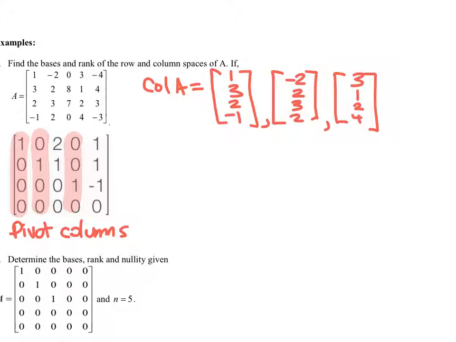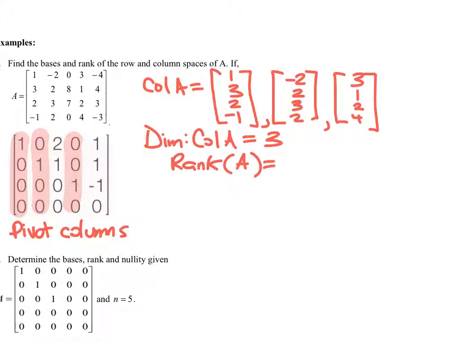All right, so the dimension of the column space of A is 3, so that makes the rank of matrix A equal to 3. All right, so these are the same. They're the same thing.